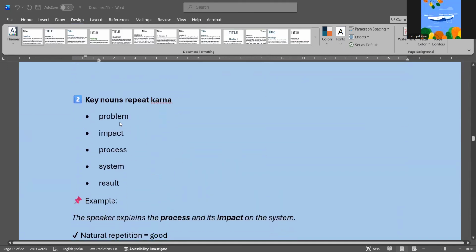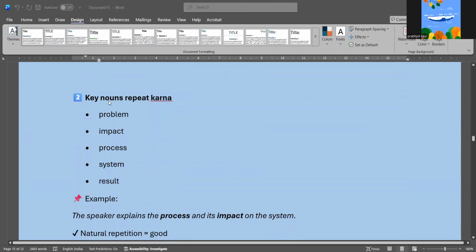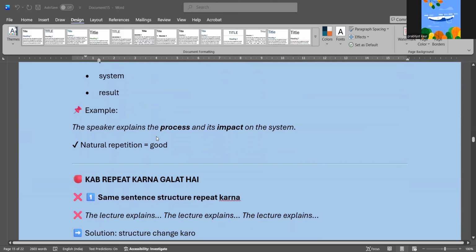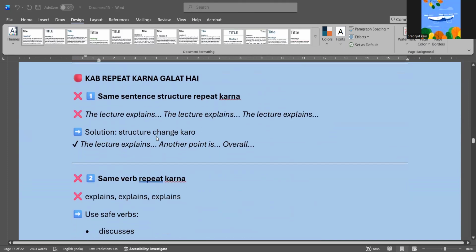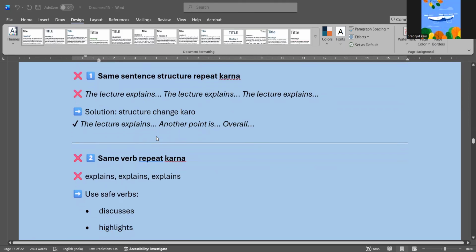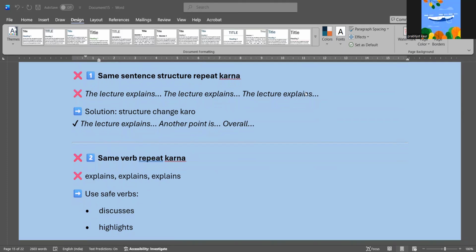And after that, these are key nouns to repeat: problem, impact, process, system, certain. You can repeat these types of nouns. These are natural repetition words. But you do not need to repeat verbs again and again, like lecture explains technology, lecture explains development, lecture explains improvement.